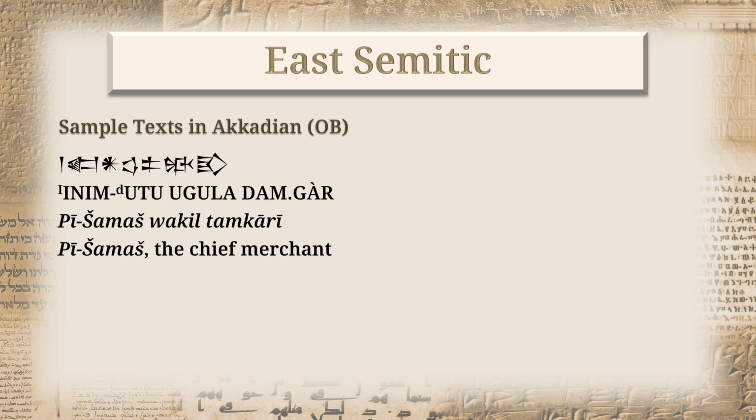P Shamash Wakil Tamkari. P Shamash, the chief merchant, so apparently the head of that commerce chamber that is involved in this legal process. You see, all of these are Sumerian signs. There's no sign in this line that is to be read as an Akkadian syllabic sign.